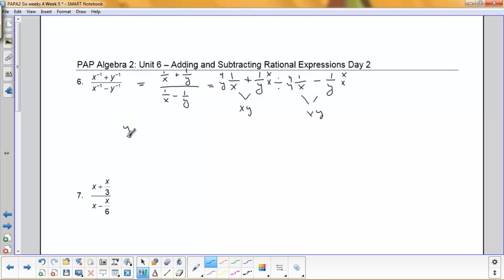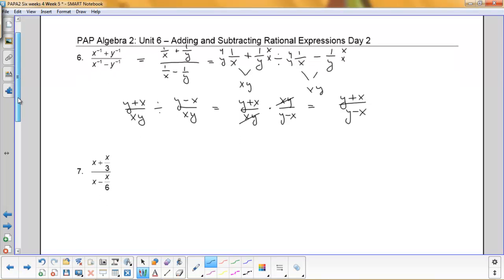Alright, now I get y plus x divided by the common denominator of xy, divided by y minus x divided over the common denominator of xy. Keep change flip. Y plus x divided by xy times xy divided by y minus x. Cancel. And the answer is y plus x divided by y minus x.